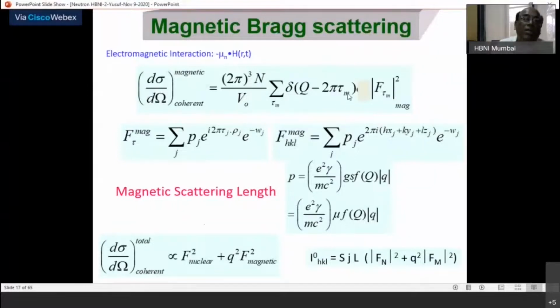But the reciprocal tau for the magnetic case need not be the same as tau for nuclear. See, in reciprocal space, where is this reciprocal lattice sitting? With regard to non-magnetic crystalline material and magnetic material, it need not be the same. I gave you an example on the very first day.